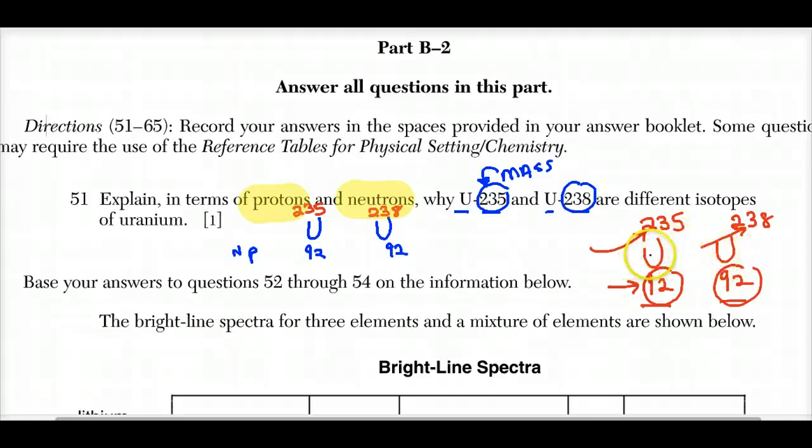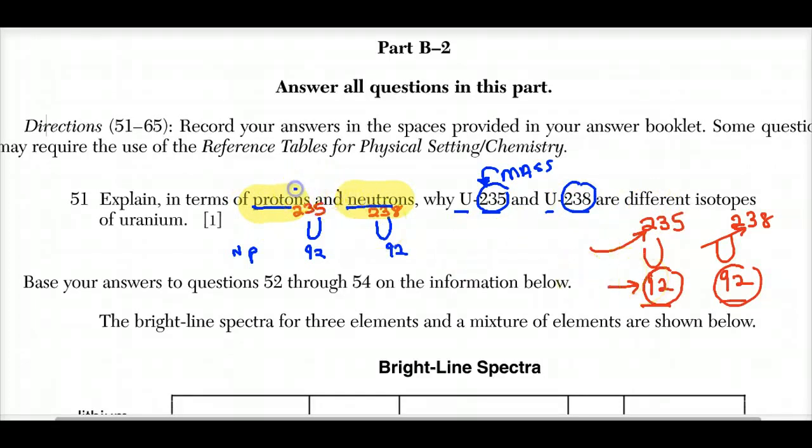They're beyond atomic number 83, so every isotope is radioactive, but this has 3 more neutrons. If you wanted to get that number, all you've got to do is subtract 92 from 235, and again, 92 from 238. But all they're saying is, in terms of protons and neutrons, why these are different isotopes.